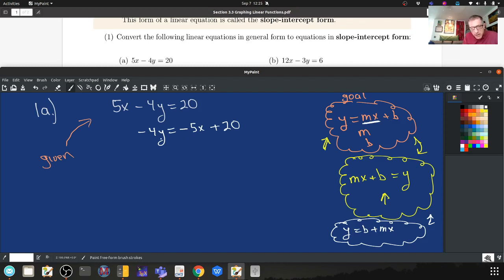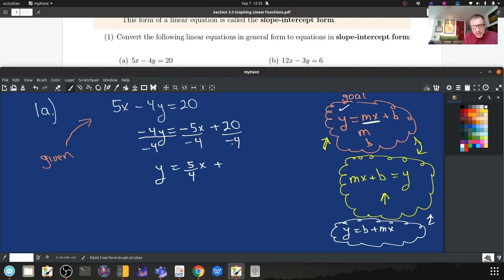So here, I need to divide both sides by minus 4. Here's the easiest way to do that. Just divide each term by minus 4. So minus 4 divided by minus 4 gives me a y, so that's going good. Minus 5 divided by minus 4, we prefer it without the negatives, is 5/4 times x.